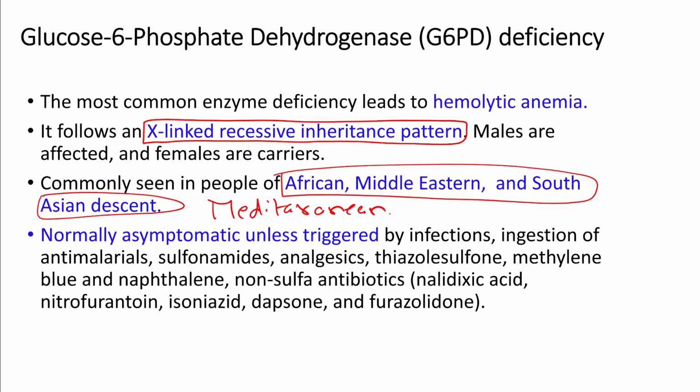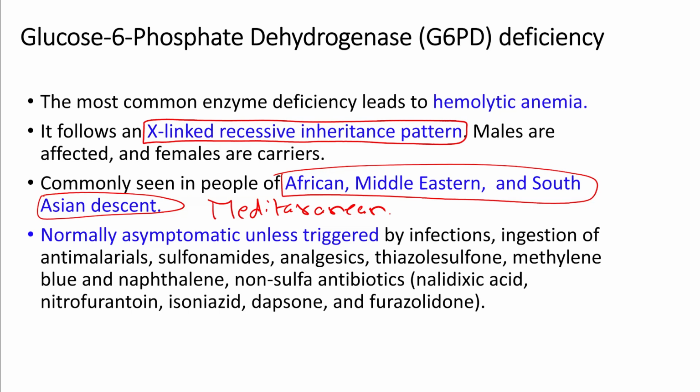One of the connections here is that G6PD deficiency, which is an X-linked condition, is seen commonly in areas wherever malaria is endemic. Malaria endemicity.